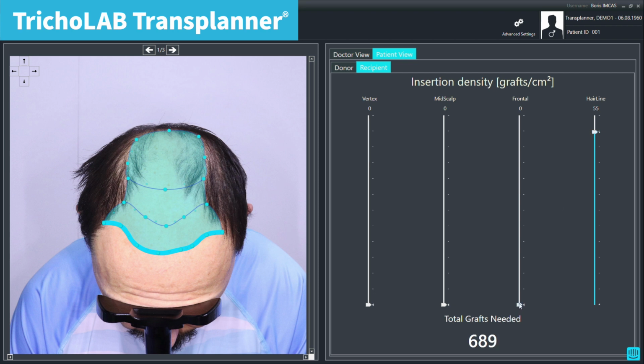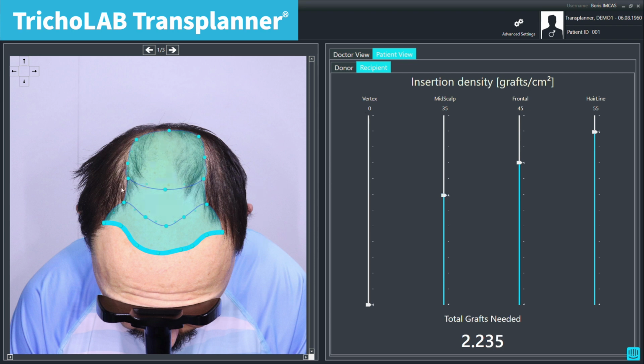So for example, in this case, in the frontal part, you also insert double grafts, so you can't go as close together. So let's say here we can only go to 45. I'm not a doctor. I'm just explaining to you right now how we can use the software. In the mid-scalp, we already will use a couple of triple units, so we shouldn't go over 35 grafts per square centimeter, but again, you can decide it yourself.